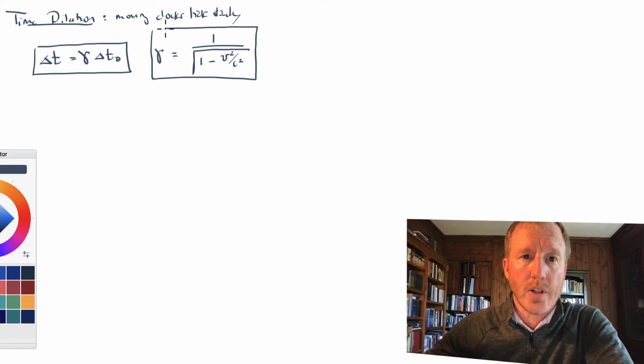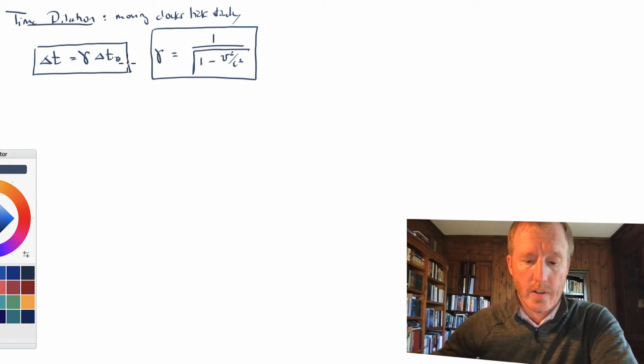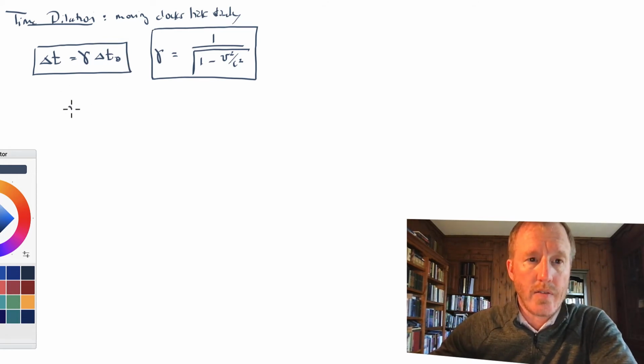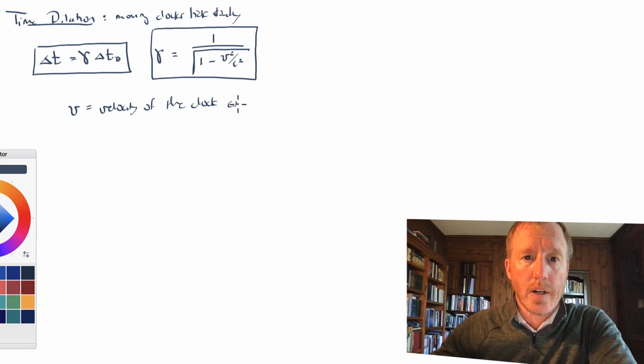And just to remind you what these various quantities are, remember that v is the velocity or the speed of the clock compared to the observer, and c is the speed of light in a vacuum.